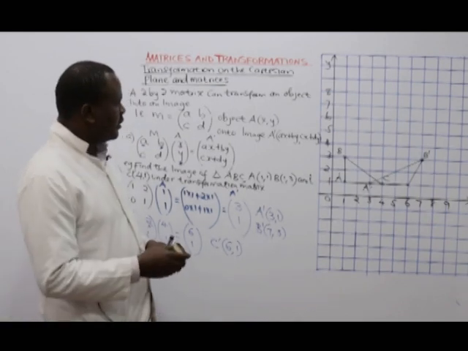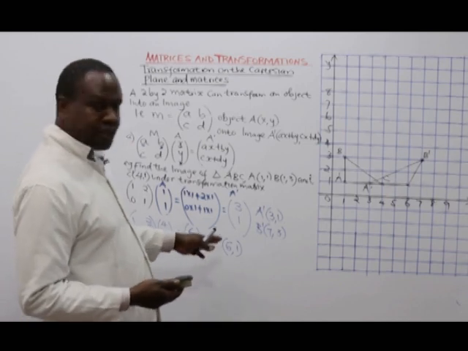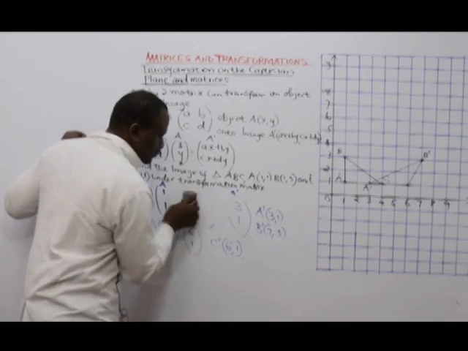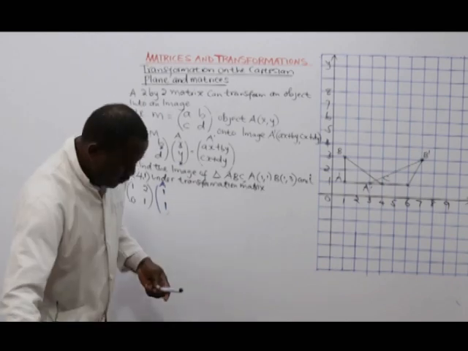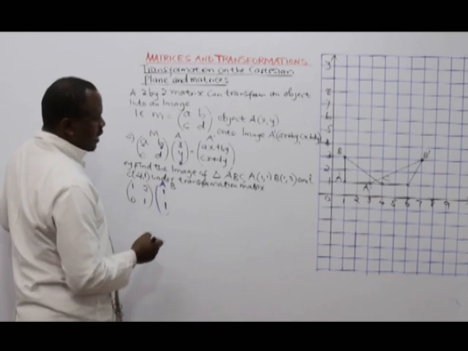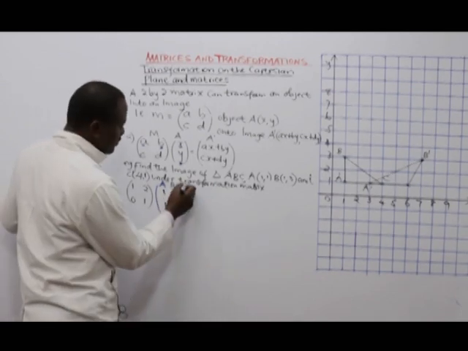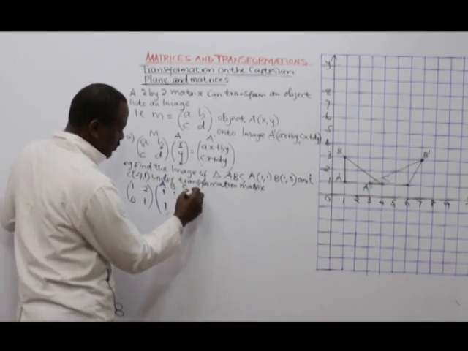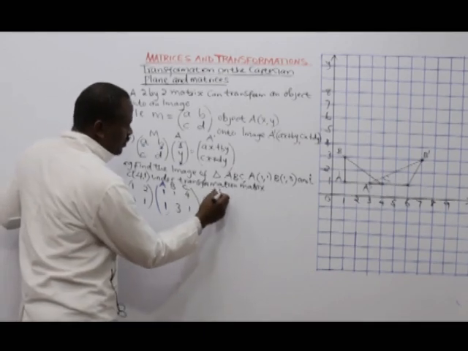Or we can do it once instead of doing it step by step. This is what we can do. We can write here B as (1, 3) to save us time. C is (4, 1). Now the image will be here.